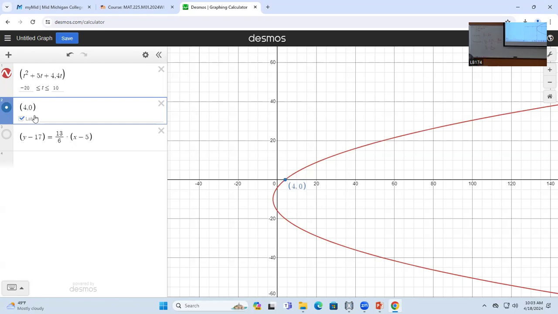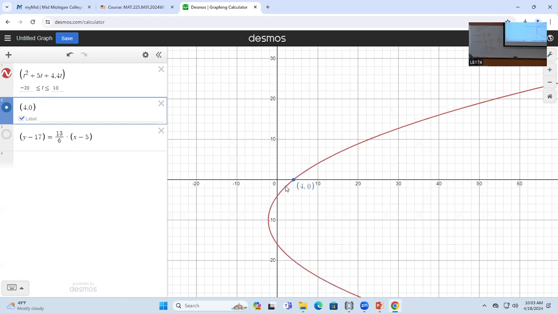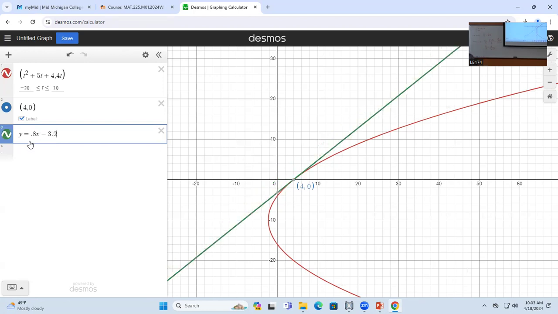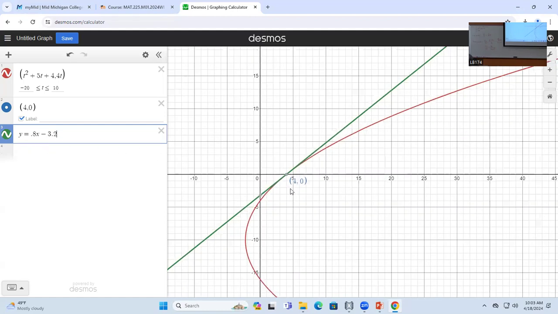When t was 0, we were at the point (4, 0). So what we're saying there is that my tangent line is going to have a slope of 0.8, and it turns out I'll have an intercept of -3.2.